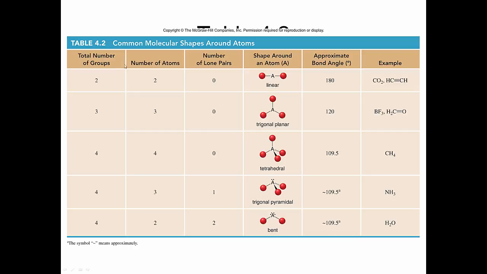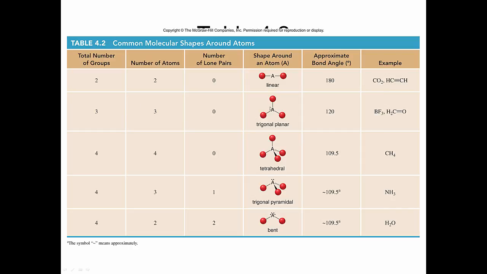So when they talk about the total number of groups, we're talking about bonds and lone pairs. Here we have 0 lone pairs. That means we have 2 groups and 2 bonds. That's the number of atoms.